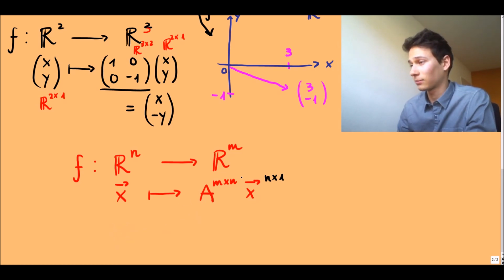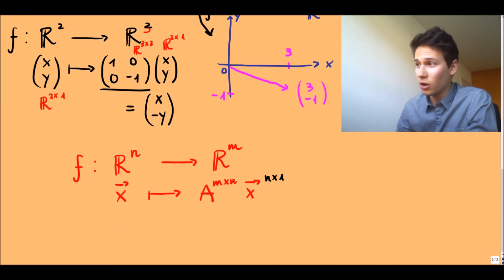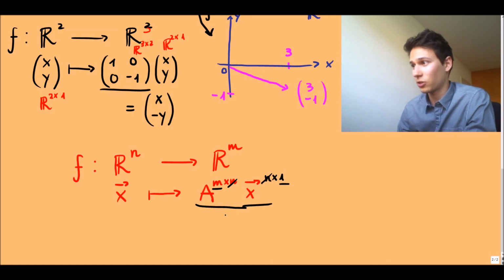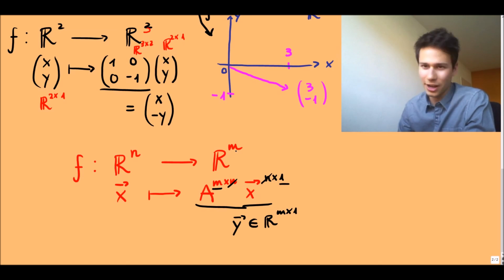Then, what did I want to say? So from this, you know that the n has to go away because this is the dimension which has to be the same. And then we are left with an m and a 1, and therefore your resulting vector, let's call it y, would simply be an element of R m cross 1, which we can abbreviate by Rm. I hope you understand.